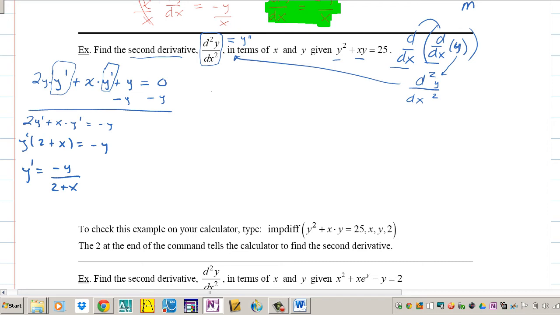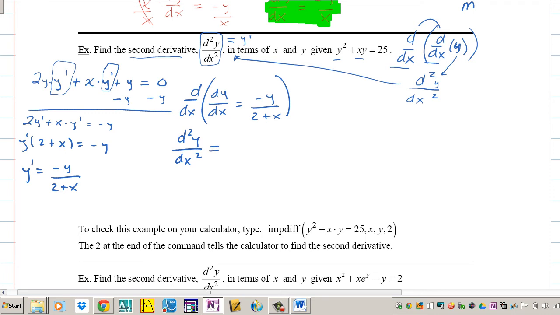So how do I find the derivative of a derivative? I repeat the same process. So if my first derivative is negative y over 2 plus x, then my second derivative is going to be d2y over dx2.